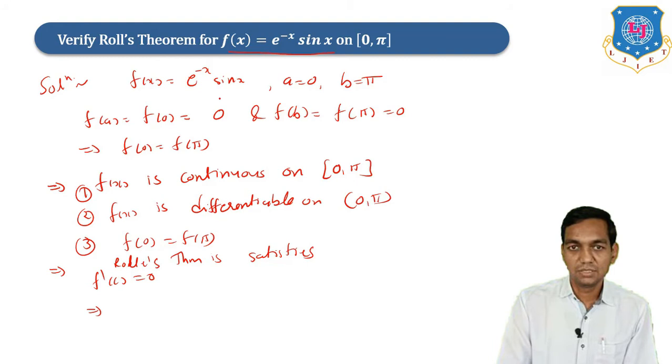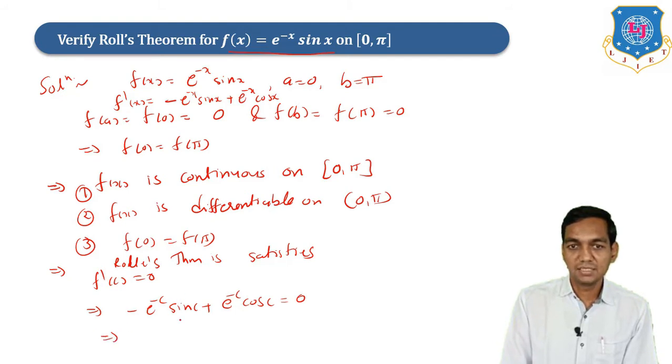The derivative of f, we write f'(x): derivative of e raised to minus x is minus e raised to minus x, into sin x as it is, plus e raised to minus x as it is, into the derivative of sin, which is cos. That will give you minus e raised to minus c into sin c plus e raised to minus c into cos c is equal to 0.